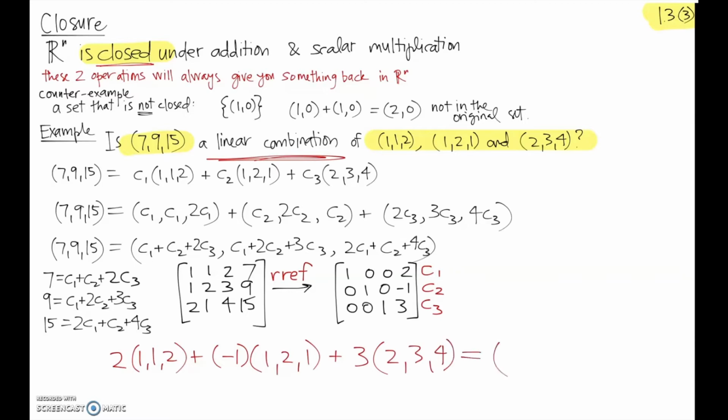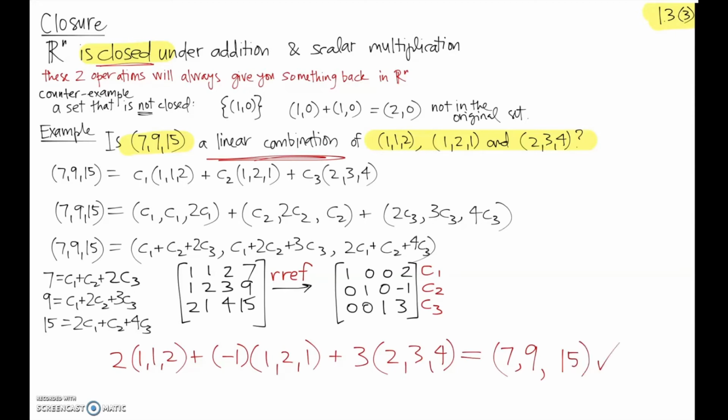Okay, let's see what that would equal. 2 minus 1 is 1, plus 6 would be our 7. That's good. Then 2 minus 2 is 0, plus 3 times 3 is 9. And 4 minus 1 is 3, plus 12 is 15. Looks like it works out.